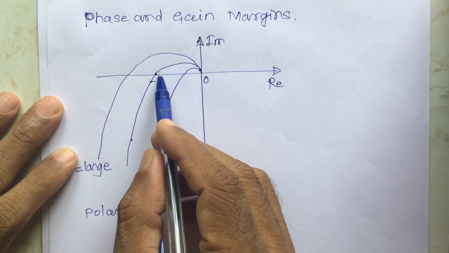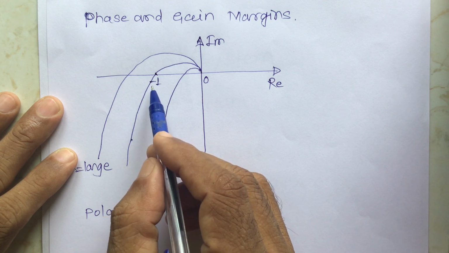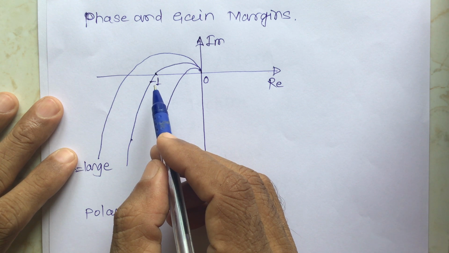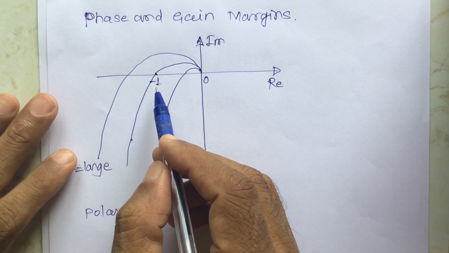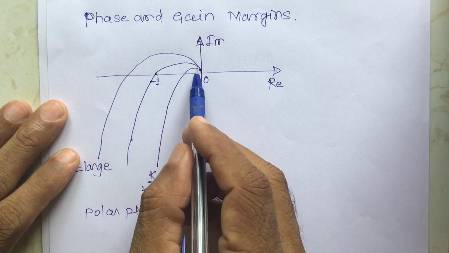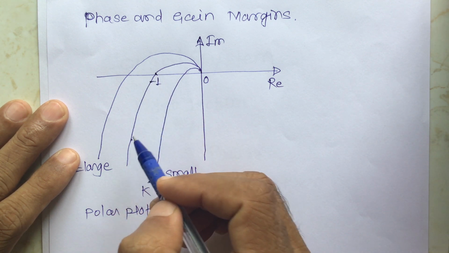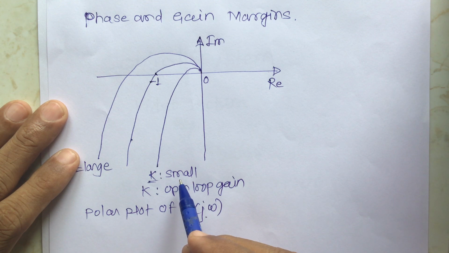When your plot crosses through the point -1 plus j0, it means that your system is on the verge of instability, and the system will exhibit sustained oscillations. And for the small value of the gain K, your system is stable.